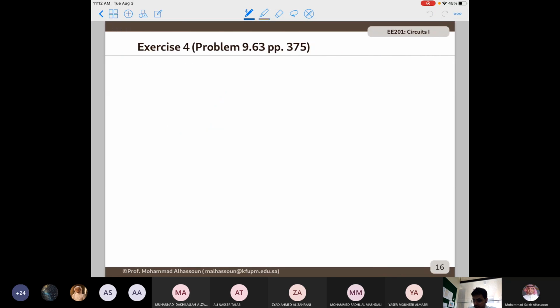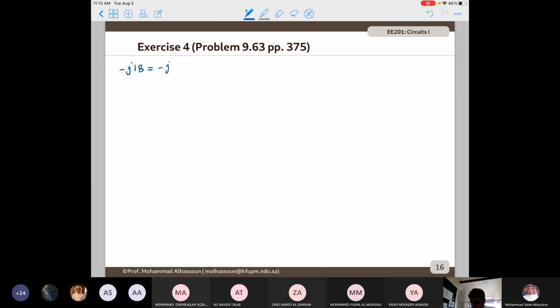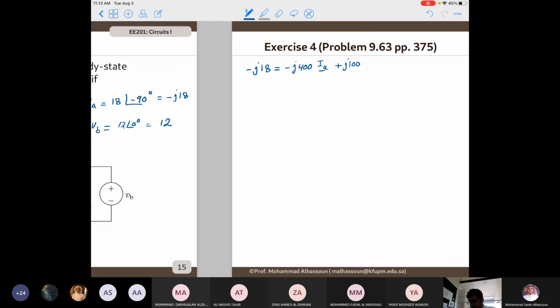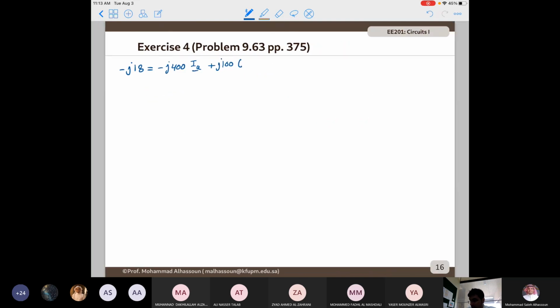It's going to be negative J18, then I will get negative J400 IA plus J100 here, IA minus IB.